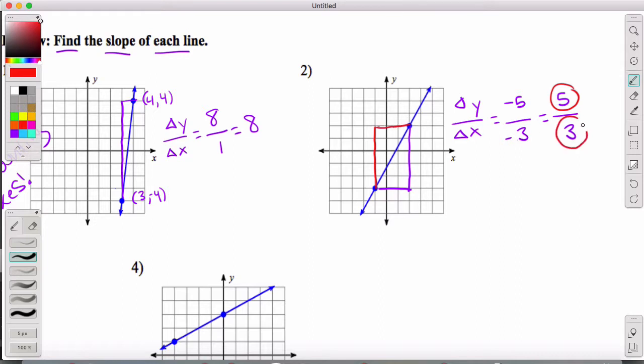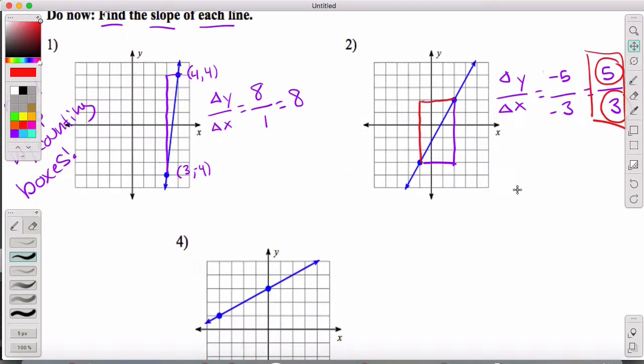There's my positive 3. So either way works, but if you do the counting down and counting to the left on the x, you need to make sure that you end up with your slope looking like this and not leaving it like this. If you need extra help on that, remember, make a little note.